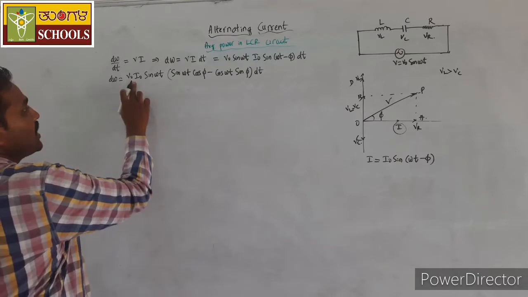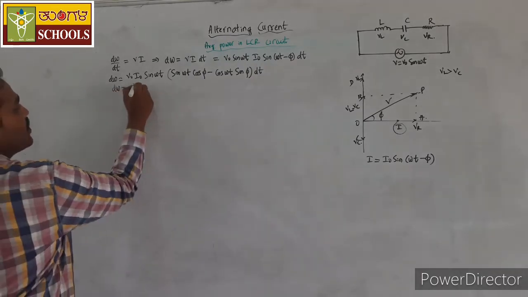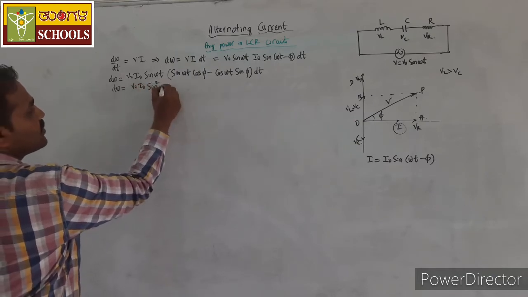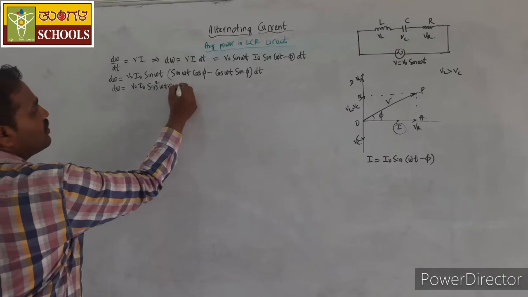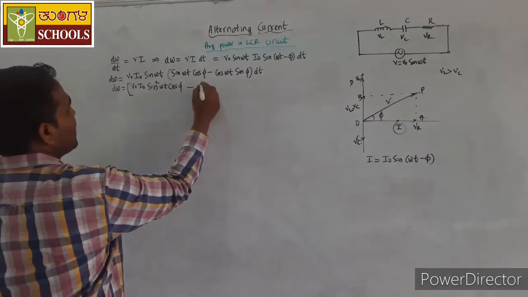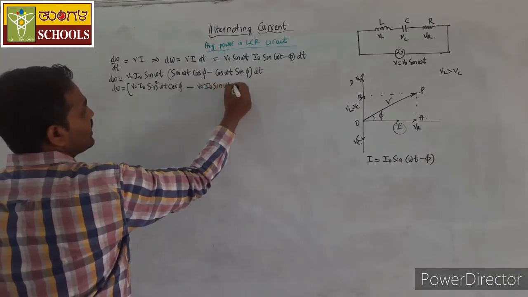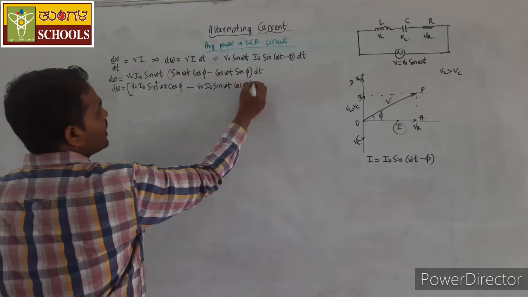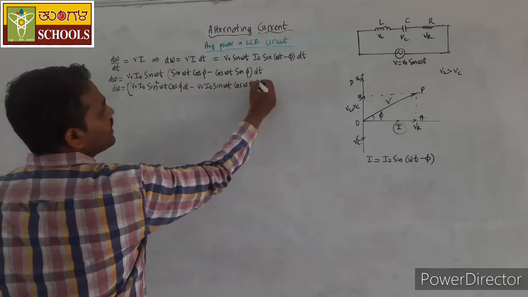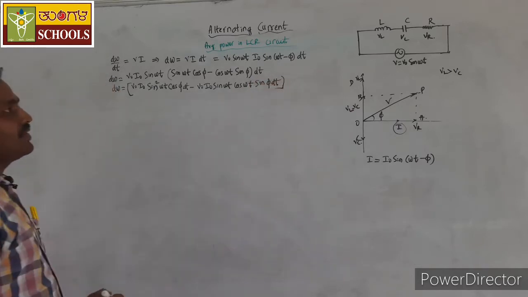Then multiplying this term inside, I get dW equal to V0 I0 sin square omega t cos phi minus V0 I0 sin omega t cos omega t sin phi into dt.